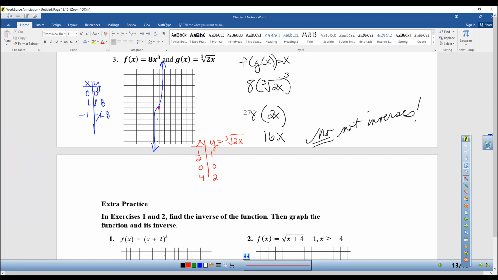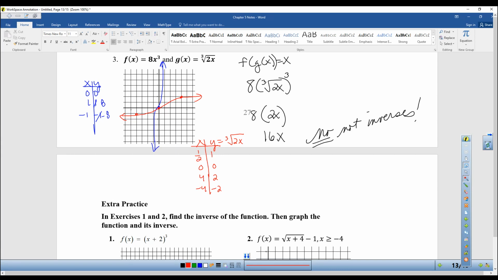So 0, 0, 4, 2, and we didn't actually do it, but negative 4 would produce negative 2. So this one wasn't so bad. But do you see how they're not inverses? Because if they had been, then this point, 4, 2, would have been 2, 4, and it's not going to make it. So they're similar, but they're not inverses.